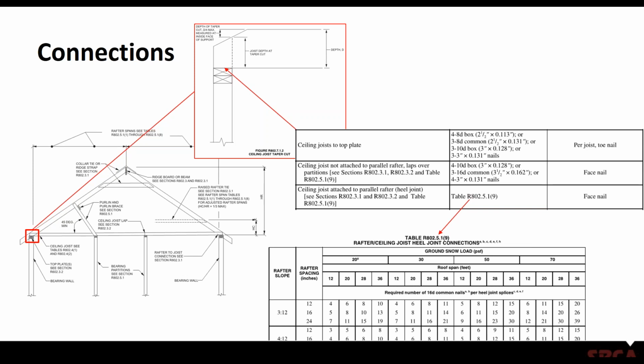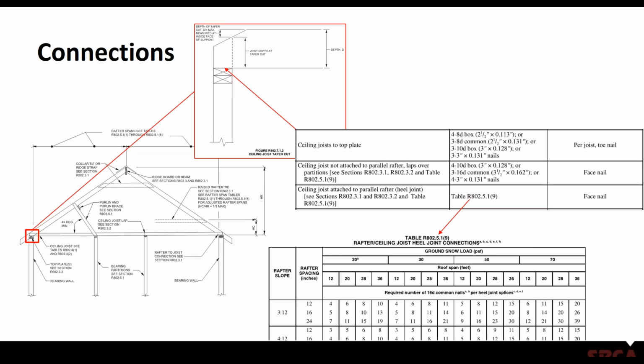And then more importantly, when ceiling joists are attached to parallel rafters, they are resisting not only the weight of the ceiling and any gravity loads, like live load, that may be applied to them in the attic, but they're also helping to resist the thrust created by the rafters.